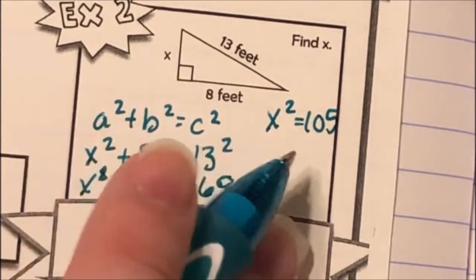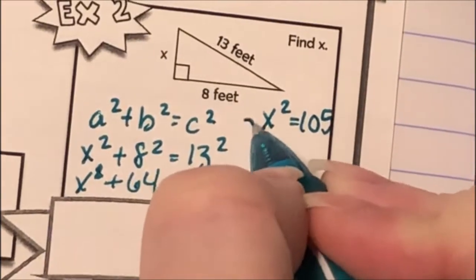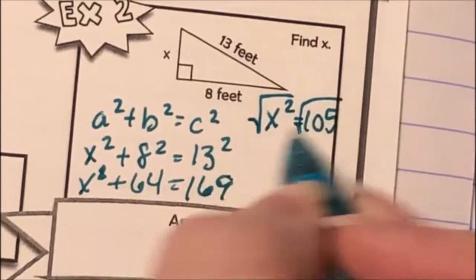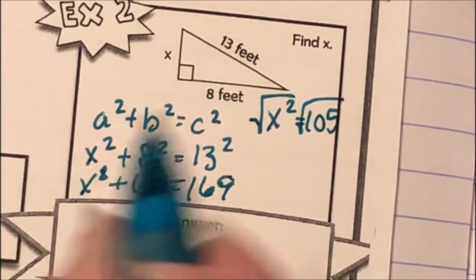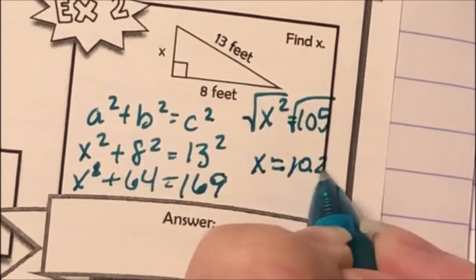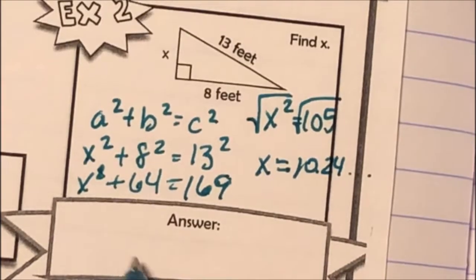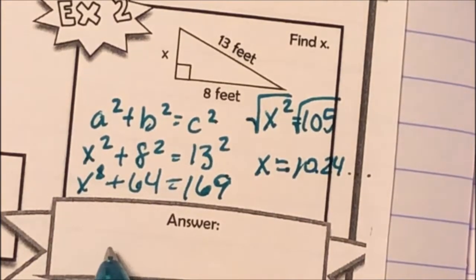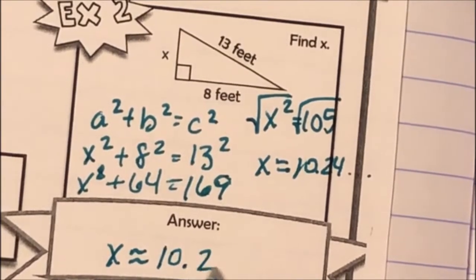Now I have x squared equals 105. So I'm going to take the square root of both sides. So I'm going to use my calculator. Square root of 105. So x equals 10.24, and it keeps going. So I'm going to go ahead and round. So x is approximately 10.2.